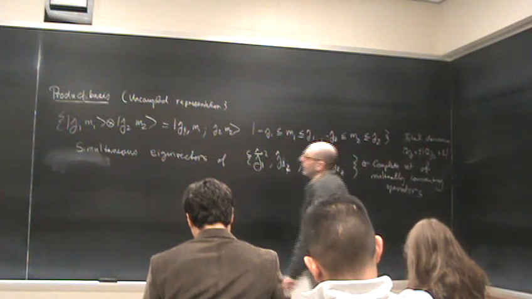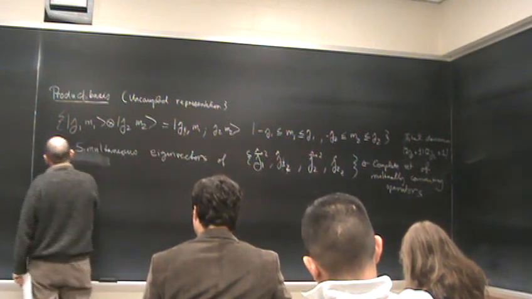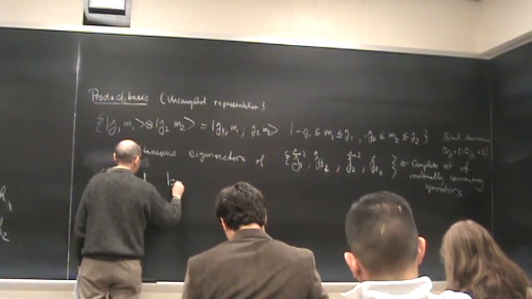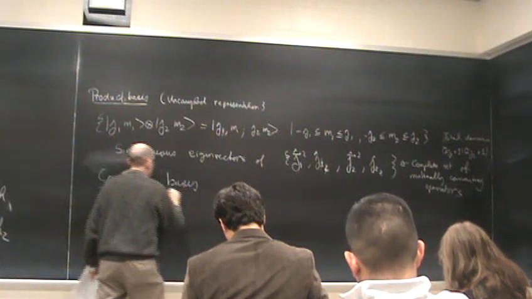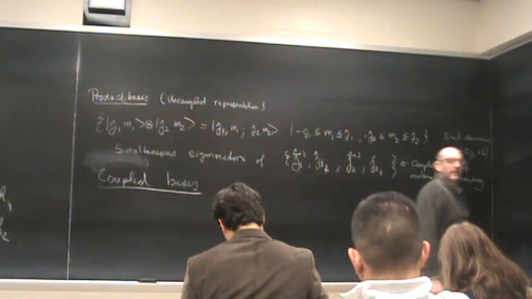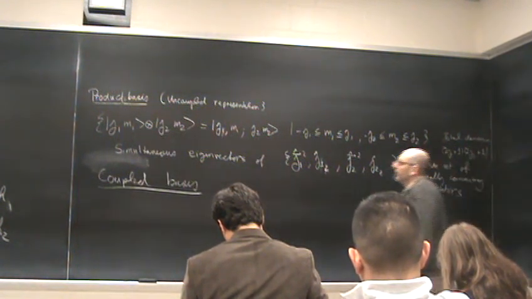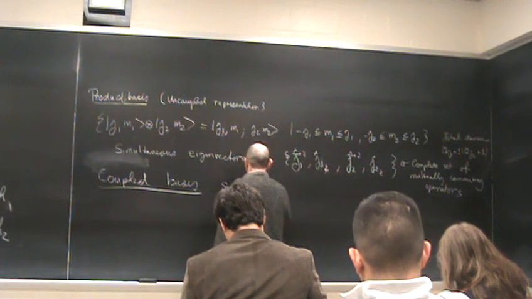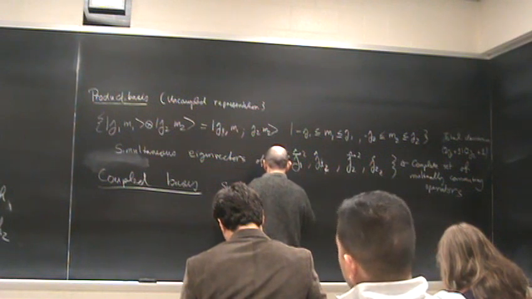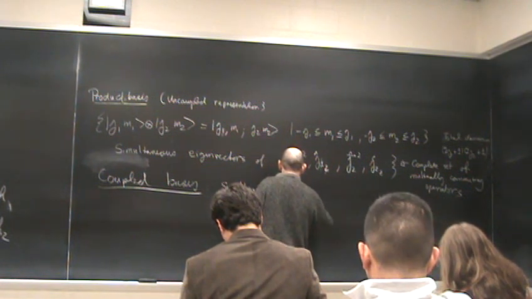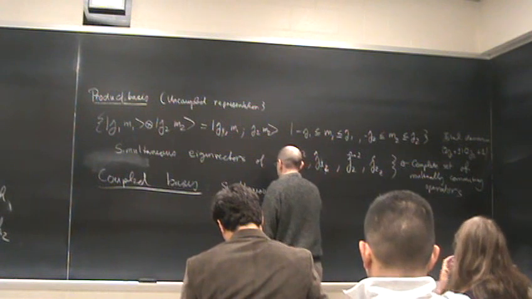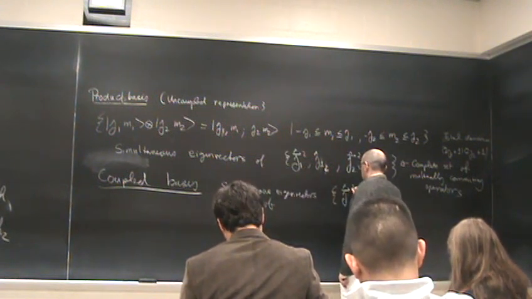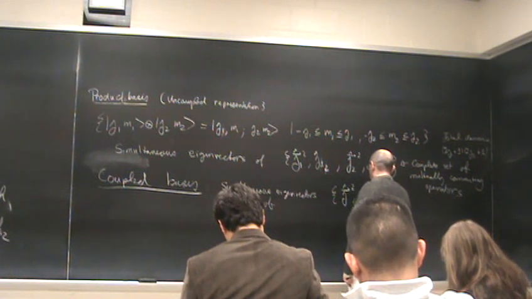All right, but there's another basis, and that we'll call the coupled basis, or the coupled representation. So these guys will be simultaneous eigenvectors of what? Well, the total angular momentum squared and the total z component.